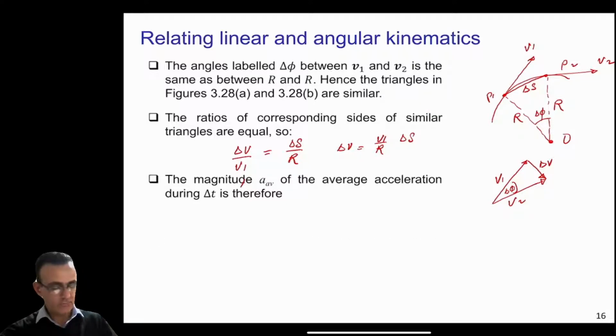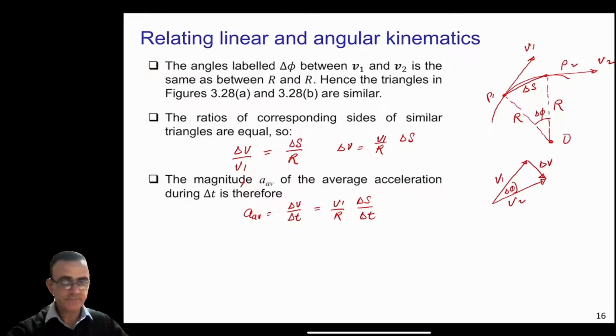If you divide delta v by delta t, this will be the average acceleration here, which will be v1 divided by r times delta s divided by delta t.